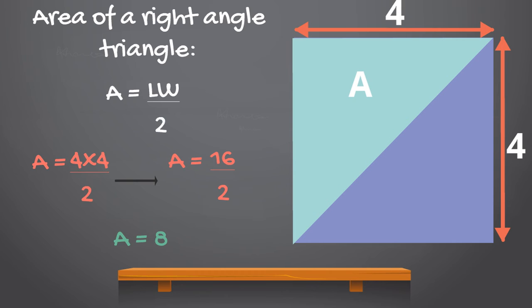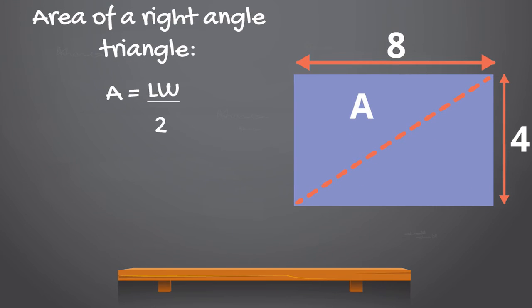Okay, your turn. New shape. New numbers, but exactly the same steps as before. Here's the formula for the area of a right angle triangle. Can you find what is the area of the shape A? Pause the video and give it a try. So, here's what you should have got. Area is equal to length multiplied by width divided by 2.